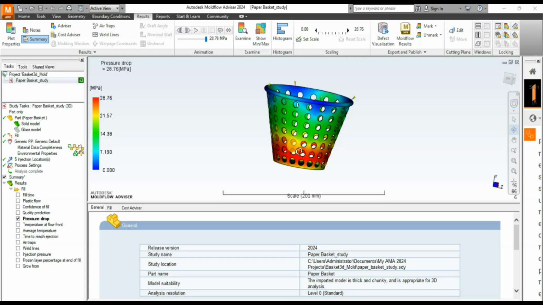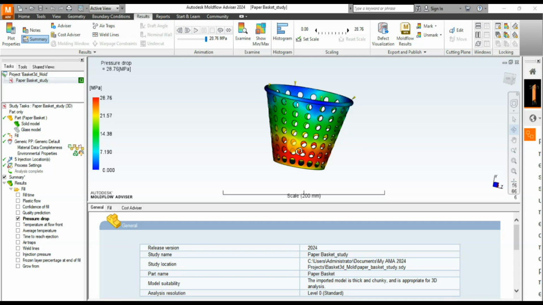Now, some molding machines can inject material up to 200 MPa. So knowledge of typical performance of the machines used for the production of plastics, the physical performance of the machines used in production, can help you determine the viability of the pressure drop results. This is very, very important.